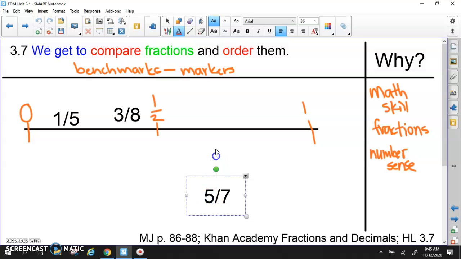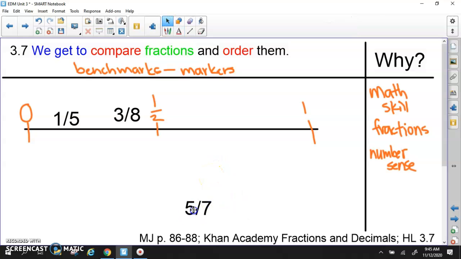It would be greater than 1/2 because the half mark would be about 3.5 over 7, right? So we can automatically say we know 3/8 is less than 1/2, and we know 5/7 is greater than 1/2. If we were to compare those, we would find that 5/7 is greater of the two. Everybody okay with that comparison in that way?